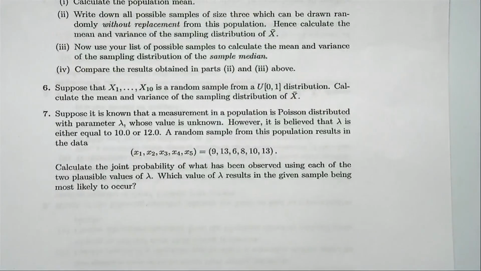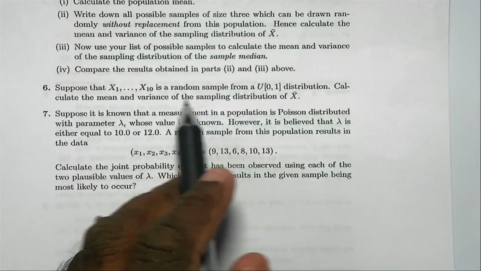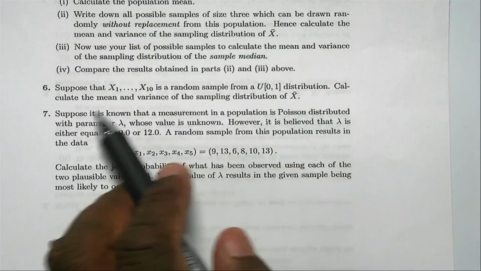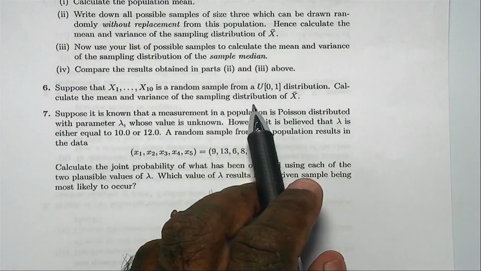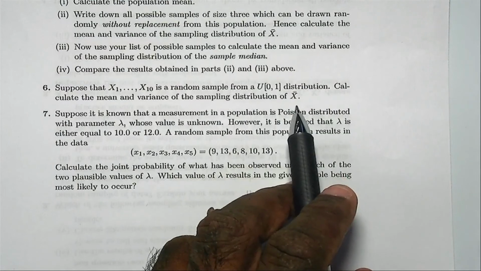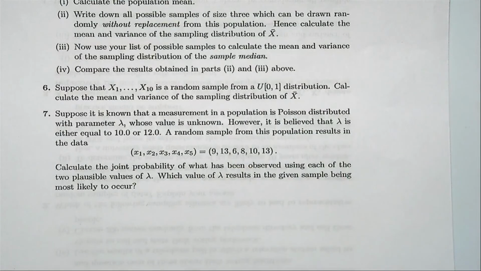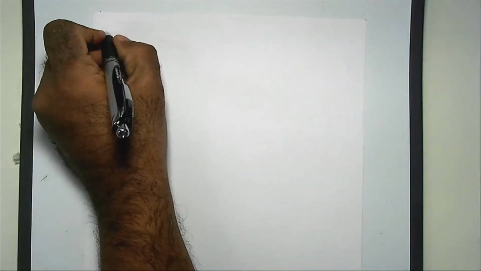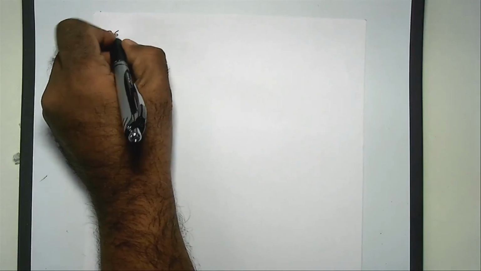Question 6 is this one. You have a sample of size 10 from a uniform distribution on the interval 0 to 1. Calculate the mean and the variance of the sampling distribution of X bar. Right? All right. So it's not really difficult. This is question 6.